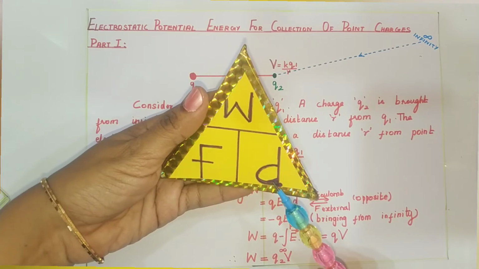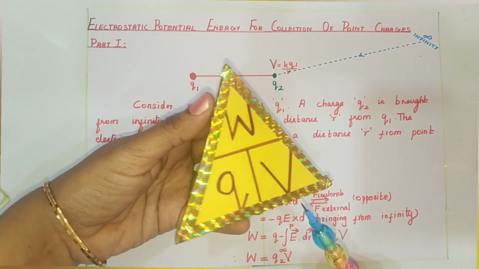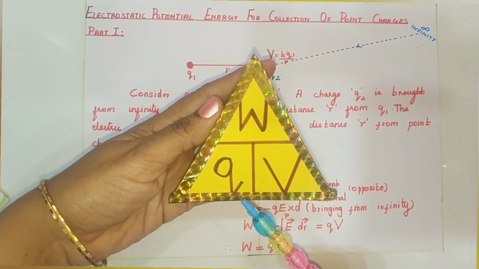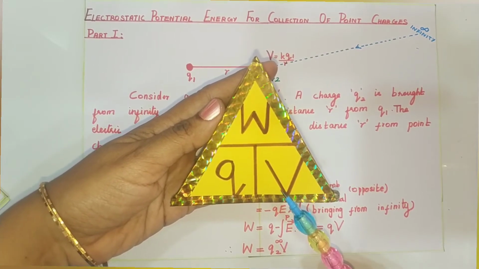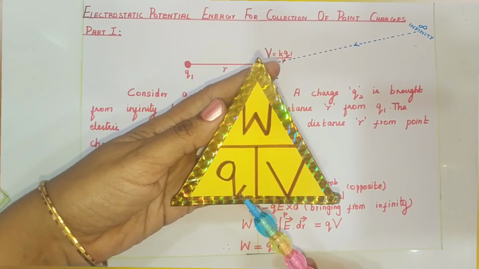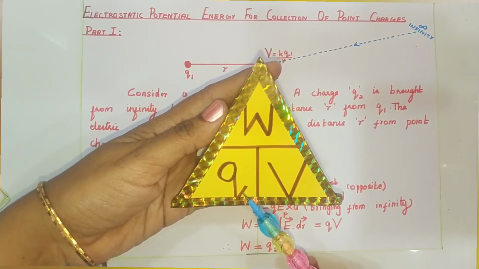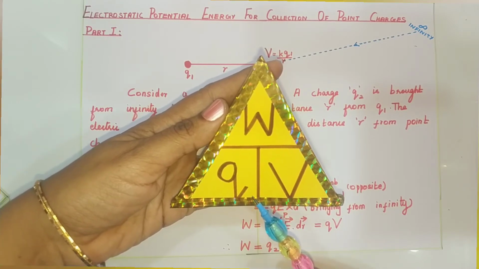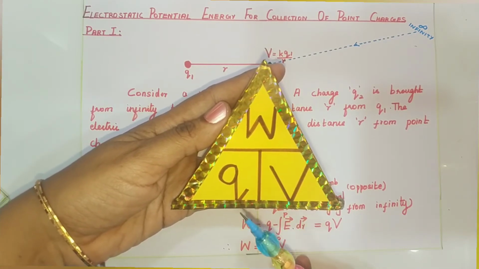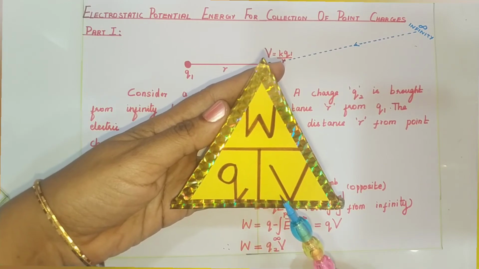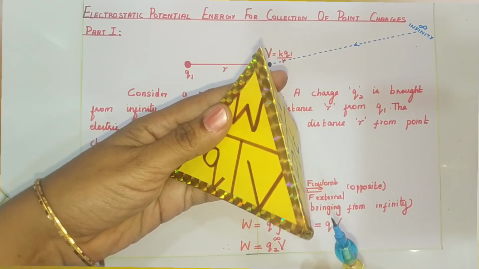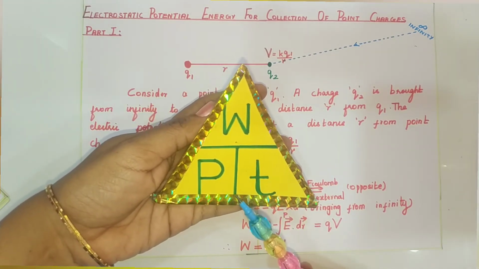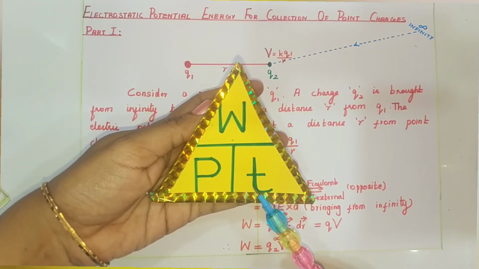If this work is done in an electric field, our formula is work done is product of charge and potential. Here, the work is done in an electric field to carry an electric charge. So, work done in an electric field is product of charge and potential. And one more formula we have for work done is the product of power and time.